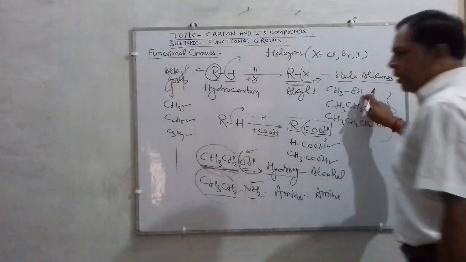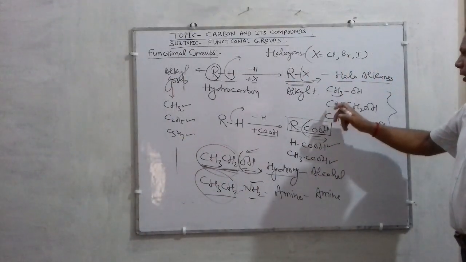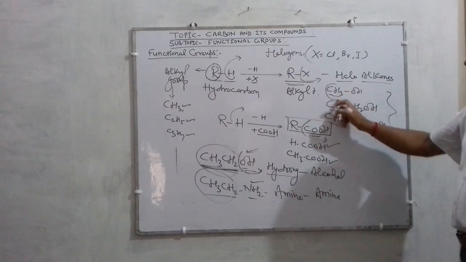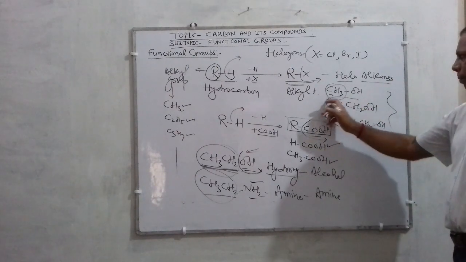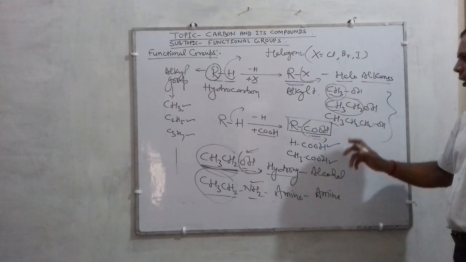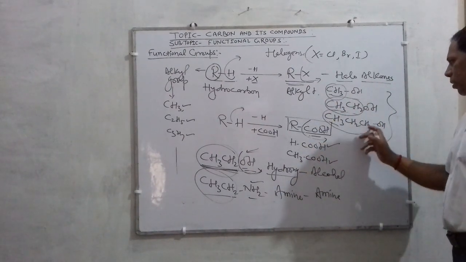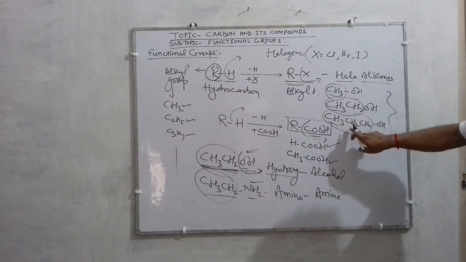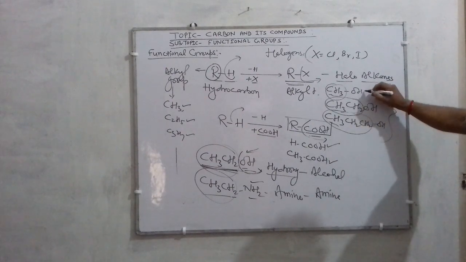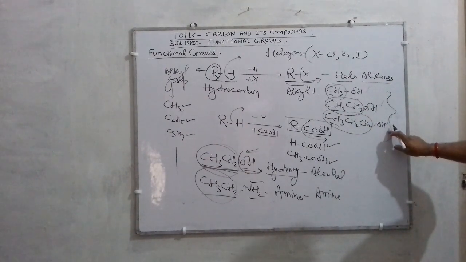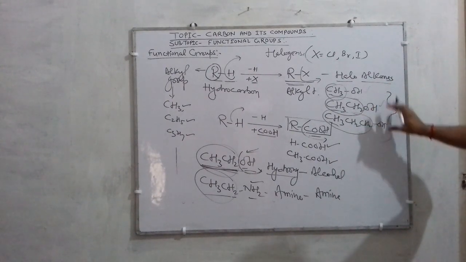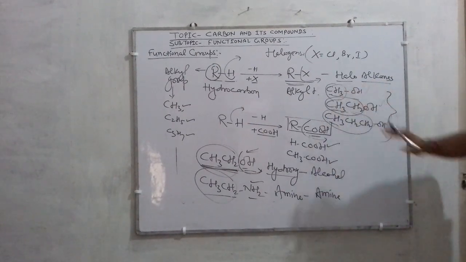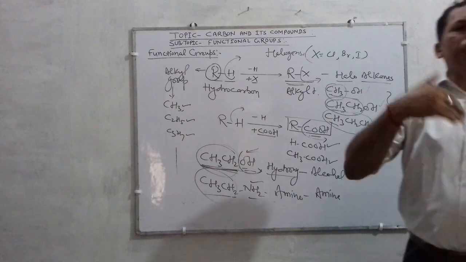In this example, the alkyl groups attached differ: in the first compound only CH3 is present, in the second CH3CH2, in the third CH3CH2CH2. Means here is methyl, here is ethyl, here is propyl. But in all of these, the functional group OH is the same. So due to the similarity in functional group, they all will possess similar chemical property.